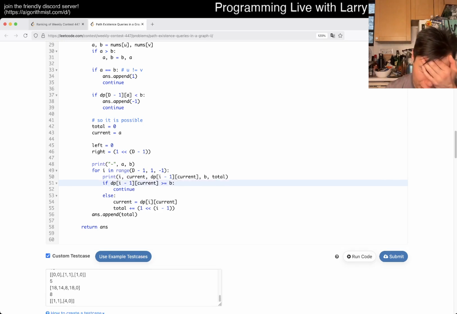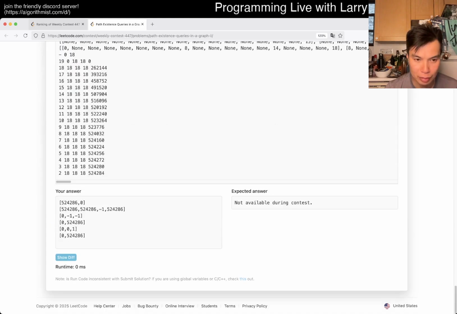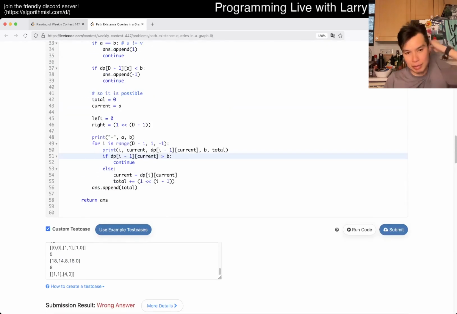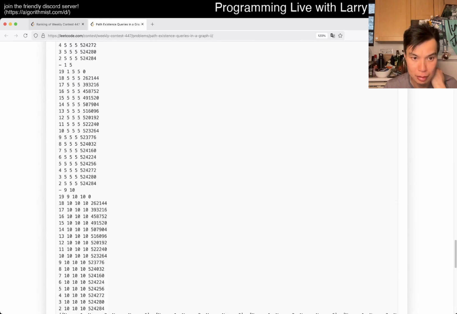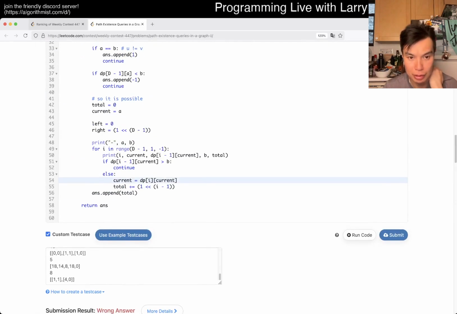Okay, so the idea here is that I think here, because if it's equal to, okay, can I redefine this? If it's equal to, then that means that left is possible, so we just continue. Otherwise, if it's equal to, then we actually don't do this.